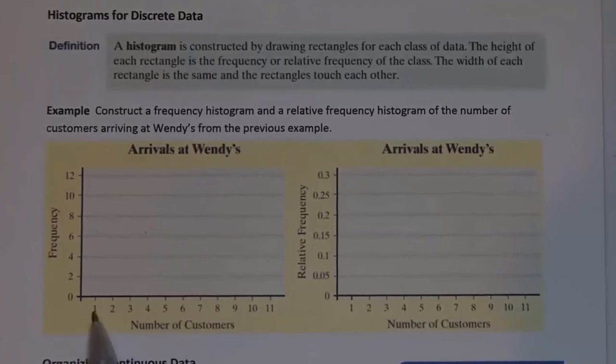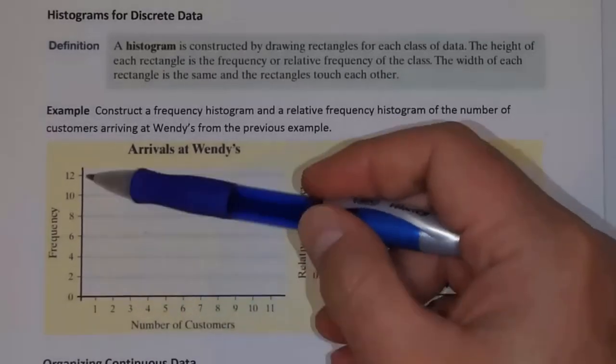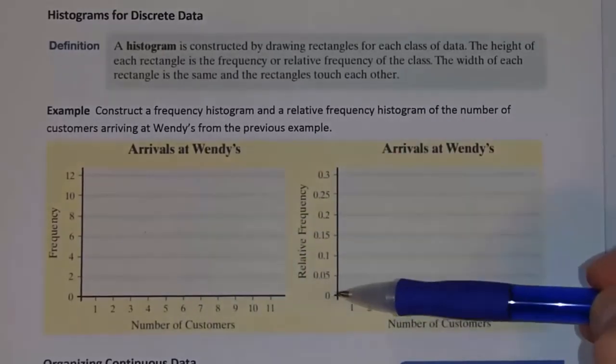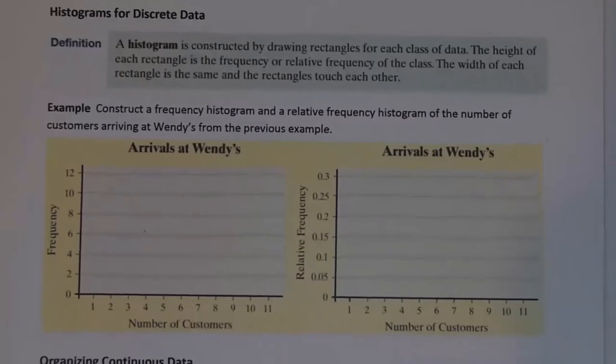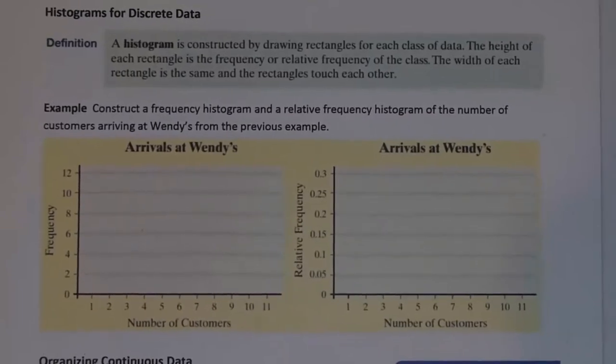So this is representing 1 customer, 2 customers, 3 customers, up to 11 customers. Now the vertical axis is going to represent either the frequency or the relative frequency, just like we did with qualitative data. But again, the difference is the horizontal scale. So for that reason, because there's meaning in the horizontal scale that we didn't have in the qualitative data, we give the graph a different name.